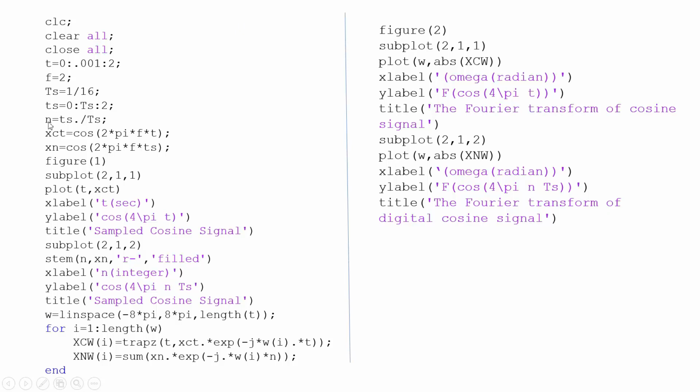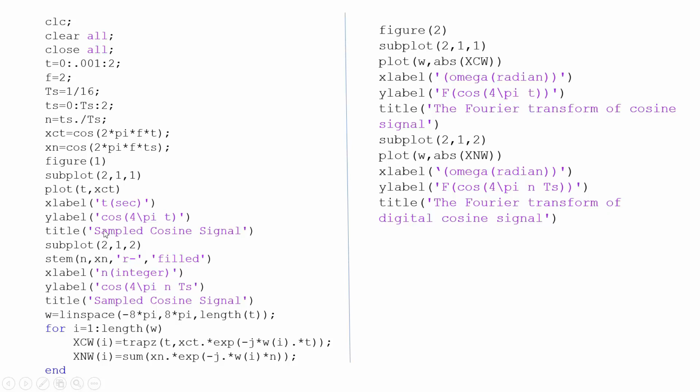Now we can get the value of n. n, this is the sample number, will be equal to ts by capital Ts, small ts by capital Ts. This is our continuous signal. We know how to define it. This is our discrete signal. We know how to define it, and we create a figure here. We create a subplot. We plot this continuous signal.